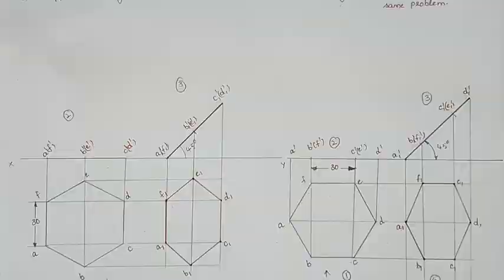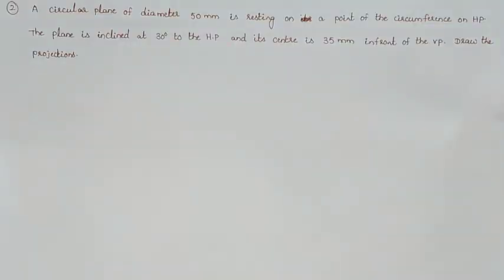A circular plane of diameter 50 mm is resting with a point on the circumference on the HP. The plane is inclined at 30 degrees to the HP and its center is 35 mm in front of the VP. Draw the projections. So here the type of the plane surface they are giving is a circular lamina, or circular plane.